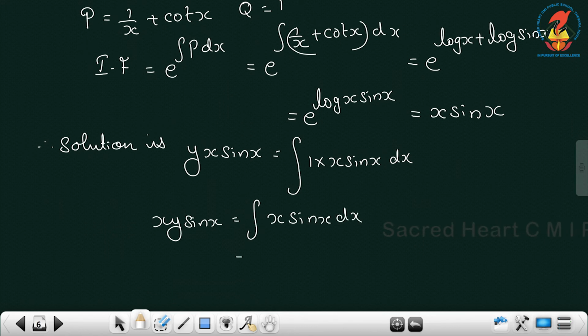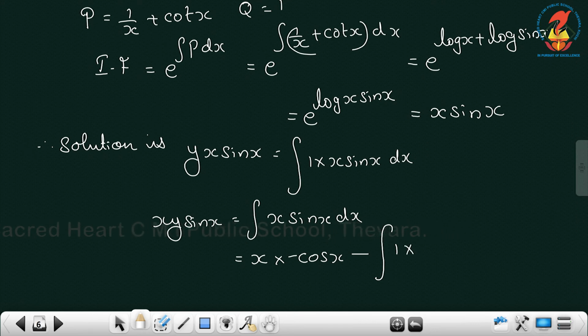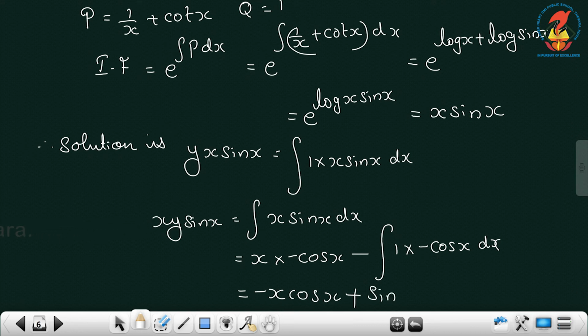So first function into integral of second. The integral of sin is minus cos. Then minus integral of derivative of x, that is 1, into integral of sin, which is minus cos. Again one more step: minus of minus is plus. What is the integral of cos? Sin x plus c. Left hand side is xy sin x.